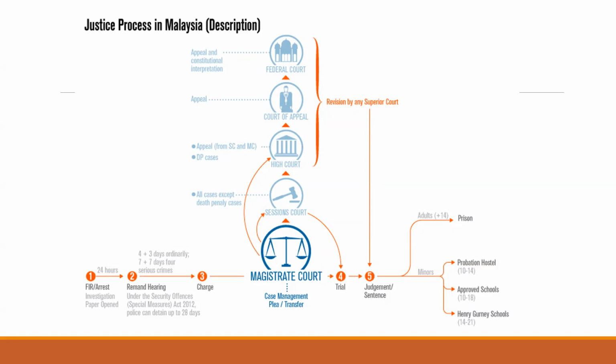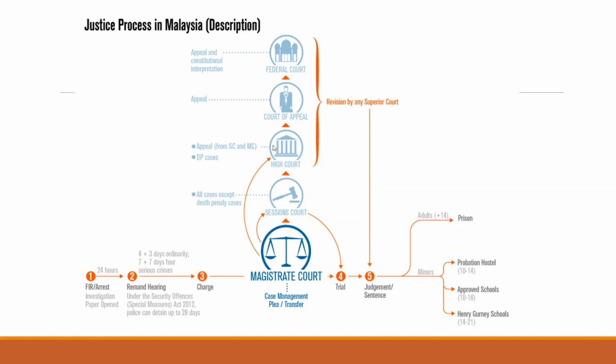Only some so-called high profile cases, like for example our ex-prime minister Datuk Sri Muhammad Najib's case, go straight to the High Court. Datuk Sri Anwar Ibrahim's case also started in the High Court as the court of first instance.